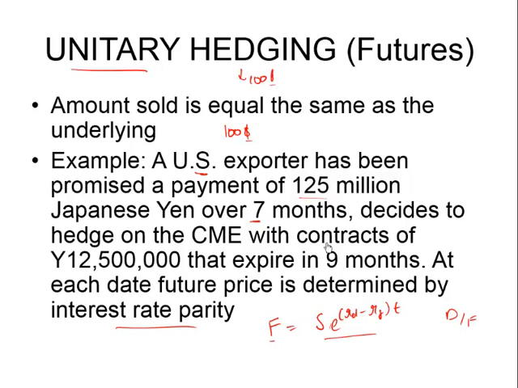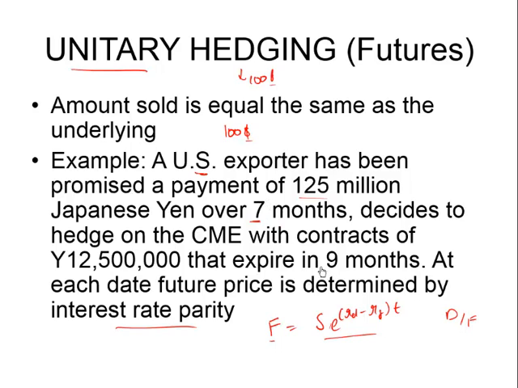The small problem, however, is that exactly 7-month contracts are not available on the exchange. The way things look at the moment, the closest contract to his maturity is a 9-month contract.